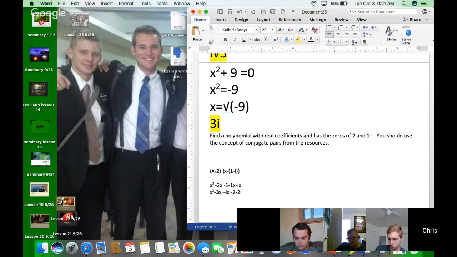Does that sound right? We could replace the I with -1 and multiply that by 2, since we know what the value of I is. We switch the sign, that would be plus 2, and -2 plus 2 is just 0.